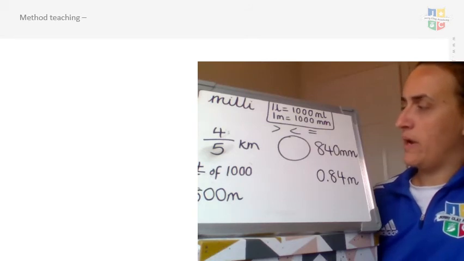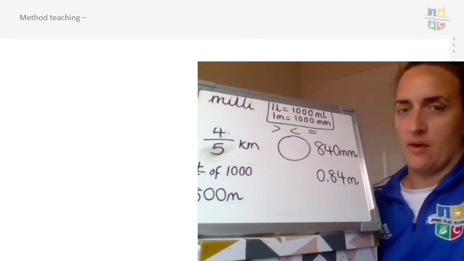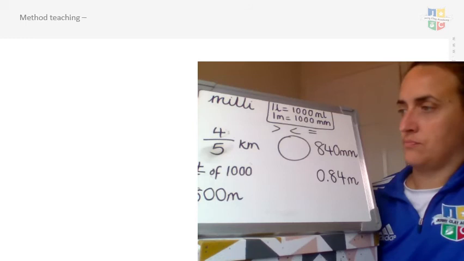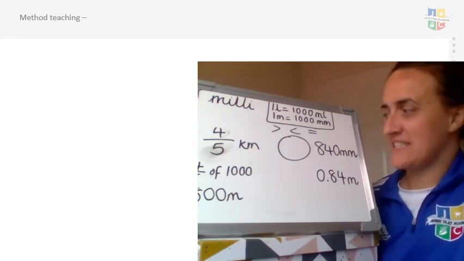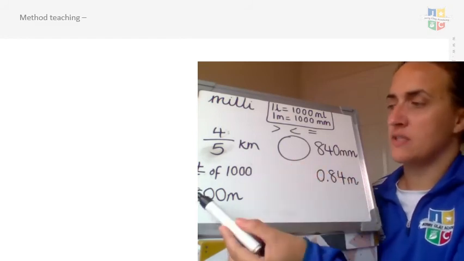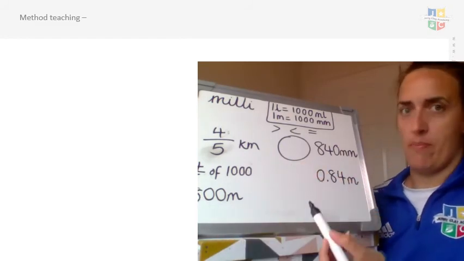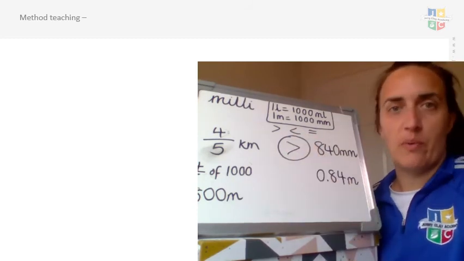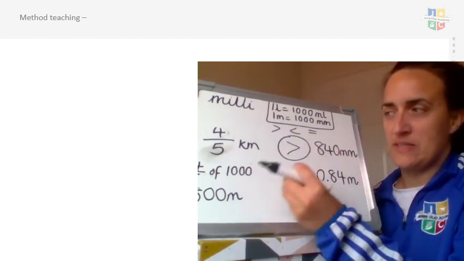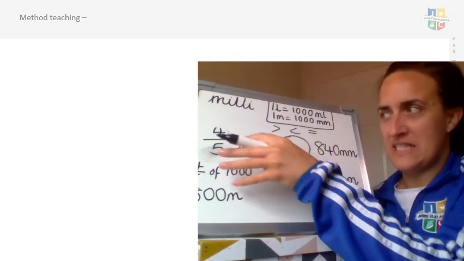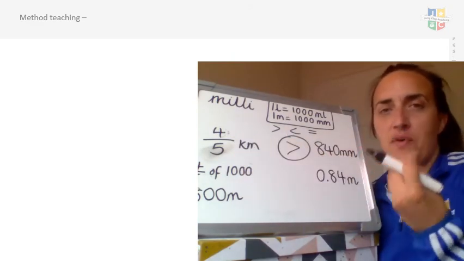So which would be bigger? Trick question really, isn't it? Because of course 800 metres is much bigger than 0.84 metres, so we would need to use that sign. So sometimes they are slightly tricky because of the unit of measurement.